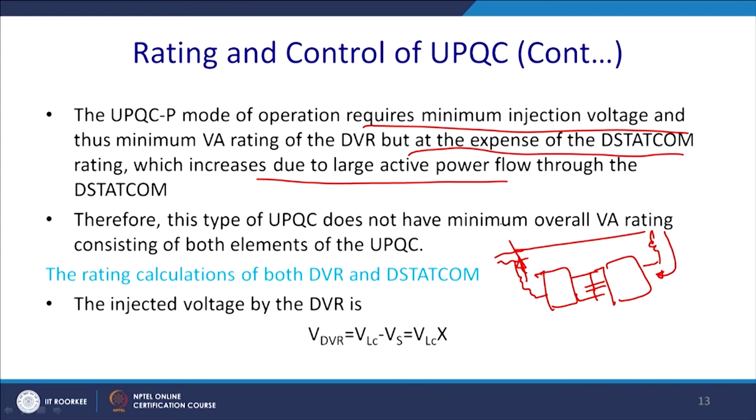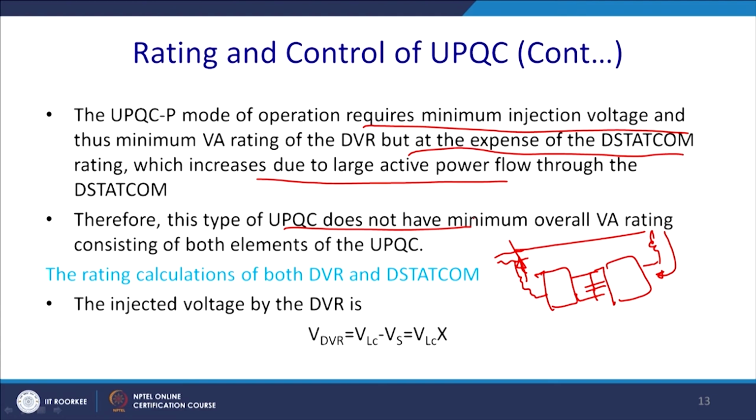This is the way of real power flow. Thus, the rating of the D STATCOM is going to be increased. Therefore, this type of UPQC does not have minimum overall VA rating consisting of both elements of the UPQC.